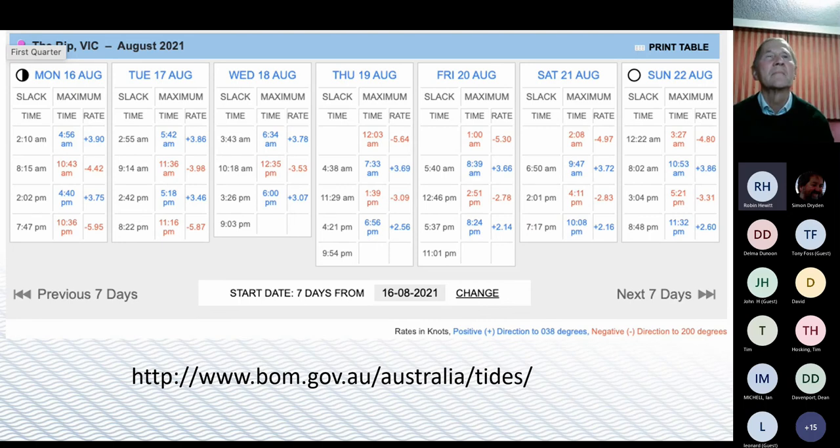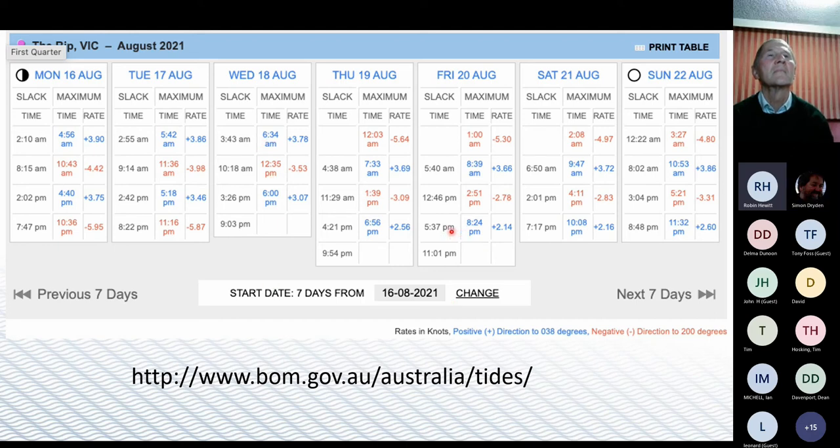And that's an example of the slack water, the tide changes at the rip. So they've got different colours for ebb and flood, and they've got the time and the maximum flow rates for each and the time for those.